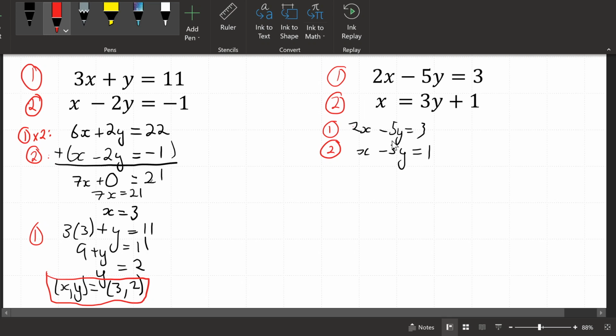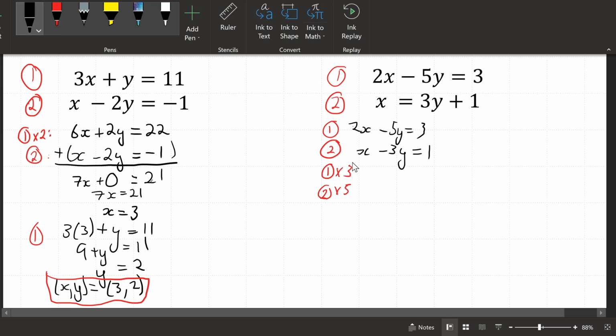We're going to multiply the first equation by 3 and the second equation by 5, because the lowest common multiple of 5 and 3 is 15, isn't it? So multiply our first equation by 3 and our second equation by 5.